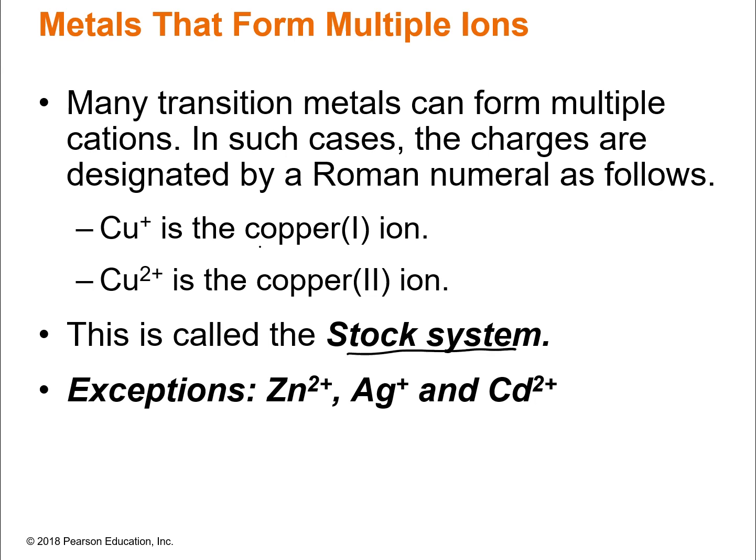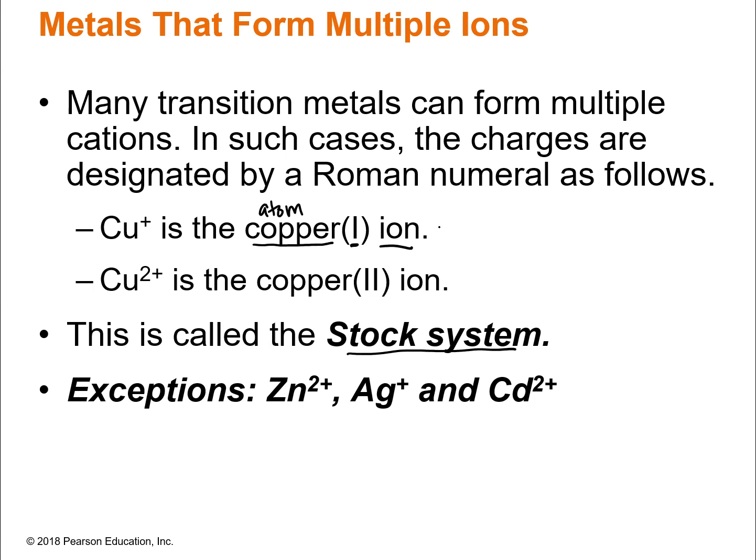What you do is you write out the name of the parent atom, just like before, but then you're going to write out the charge as a Roman numeral in parentheses. What that does is it tells the person who's looking at the name of the compound what charge that copper is, because it can have multiple charges.